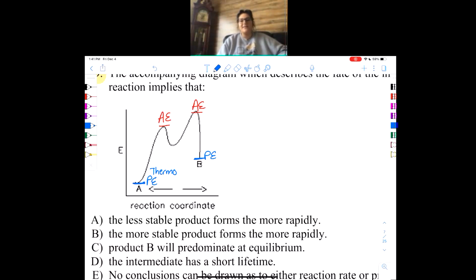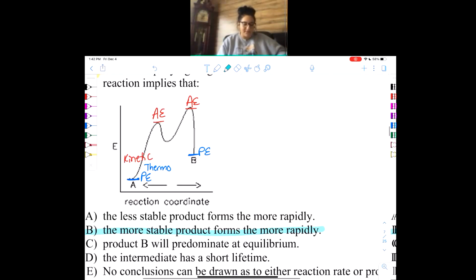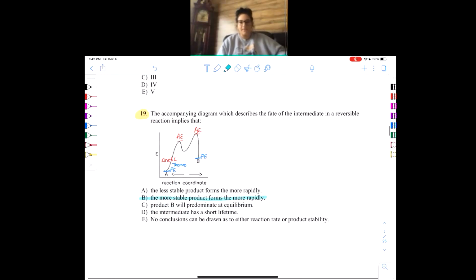The one with the lowest activation energy is what product? Kinetic. So in this case, A is the kinetic and thermodynamic product. So we know that that's favored at equilibrium. So we know that the more stable product is formed more rapidly. And I'll zoom out so you guys can take a look.